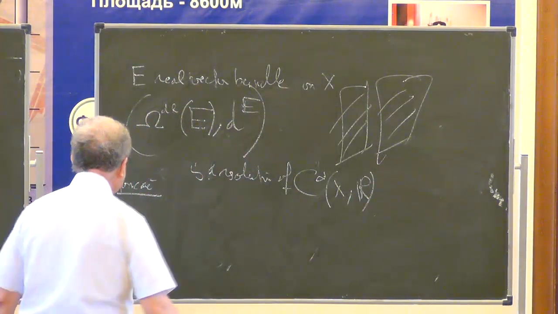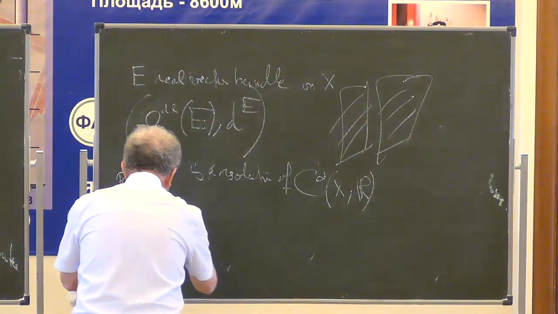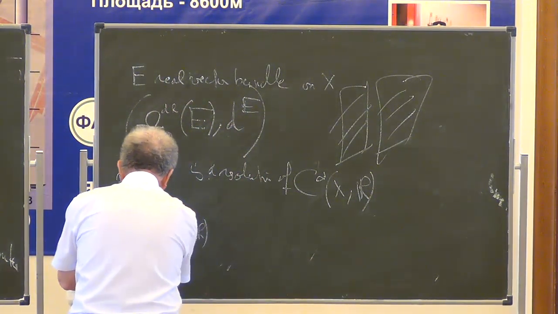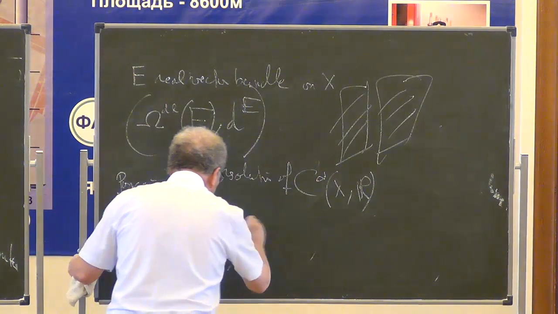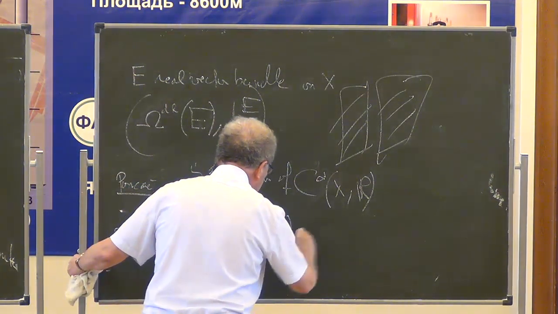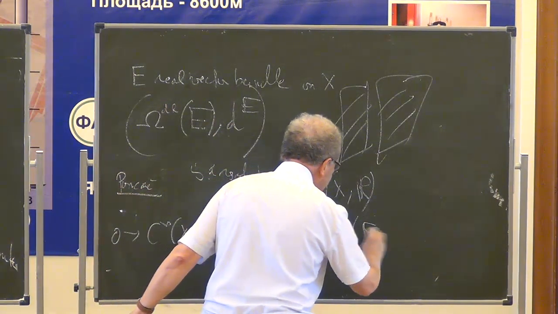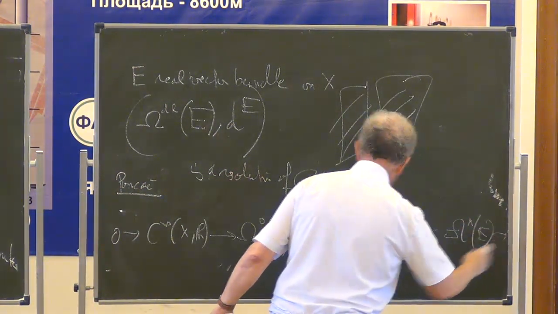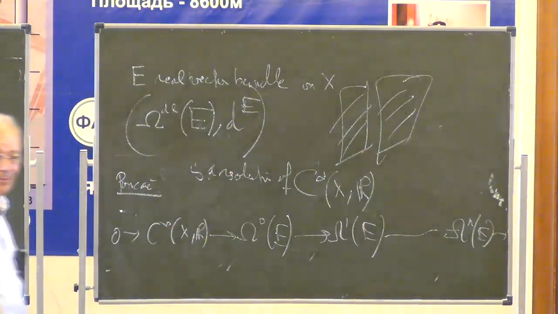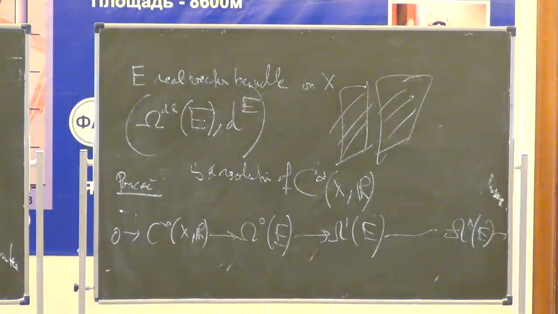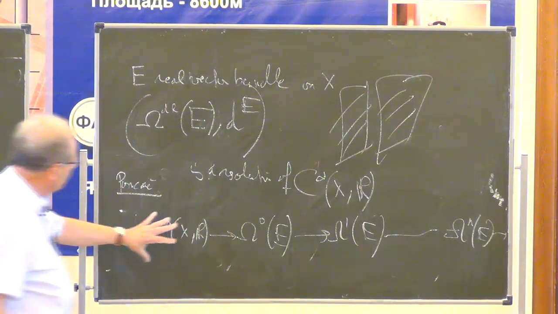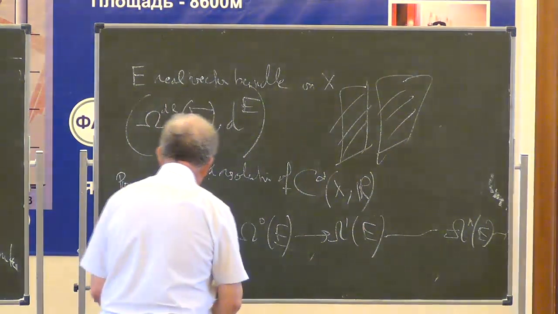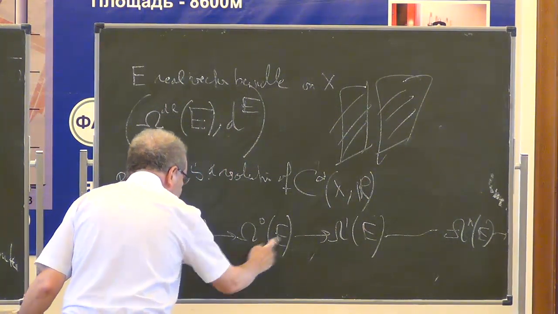Okay, so we can write in effect, we have the exact sequence: C infinity of X and R, 0 embeds into omega 0 of E, to omega 1 of E, and so on, and this is exact. So we do have this. Okay, however, in general, it's very difficult to lift the action of a heat kernel to the resolution.